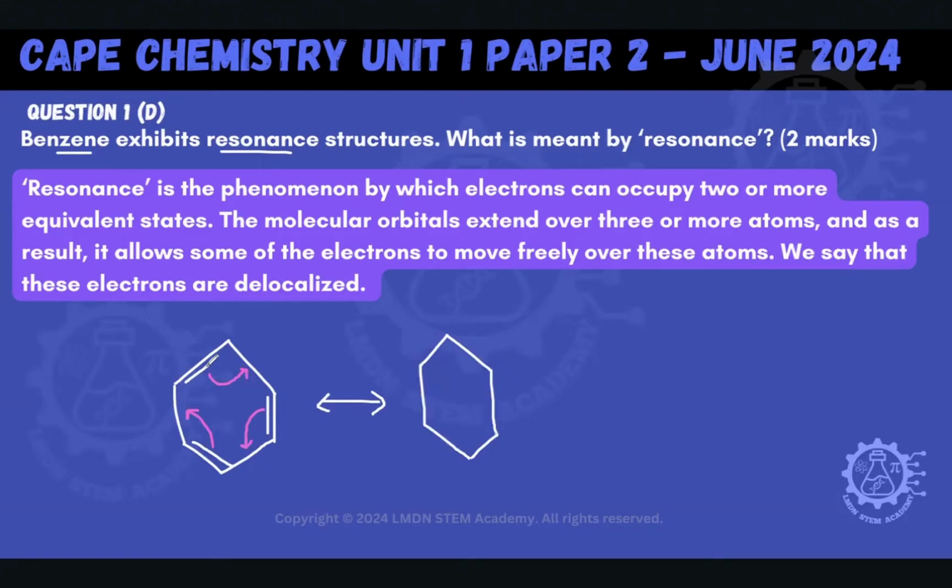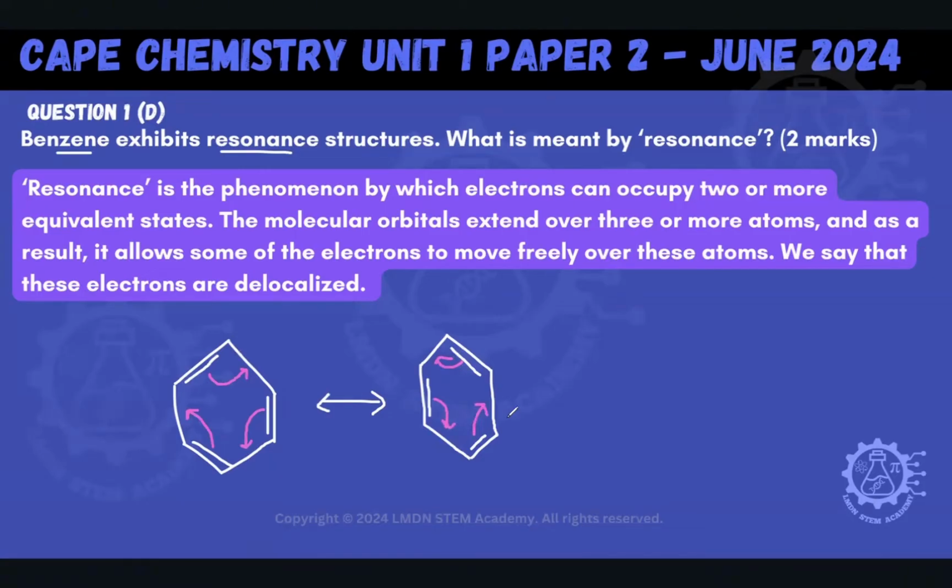All right, so the double bond that was previously here can be over here. This one could be down here, and then this one could be up here at the sides, right? So you see that, and then to go back to that state that we first drew, this one could move back there, this one could move back down here, and then this one could move back over here. And so that's what we mean by resonance structure.